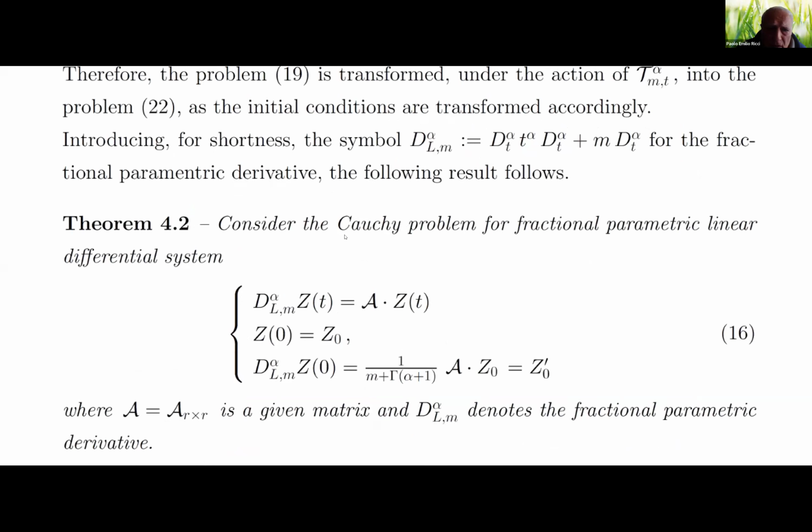The theorem is like this. Consider the Cauchy problem for the fractional linear parametric dynamical system like this, in which we need two initial conditions. But this is the matrix in the condition, of course. A is an r by r given matrix, and this is the fractional parametric derivative defined in this form here. You can see it is just the operator we have shown before.